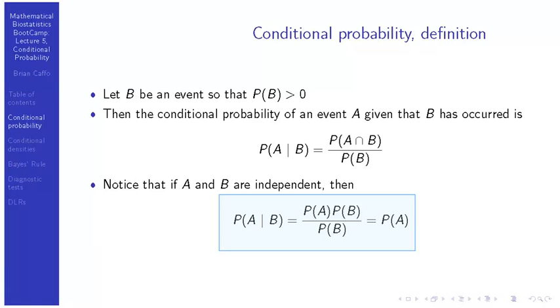If the events A and B are independent, then the probability of A, given that B has occurred, is simply the probability of A without knowledge of whether or not B has occurred. That is, the information about whether B has occurred is irrelevant to the calculation of the probability of A. This matches our intuition as to what independence means, and it's nice that the mathematics works out that way. In fact, in some probability texts, this is their definition of independence as opposed to the definition that we gave earlier.